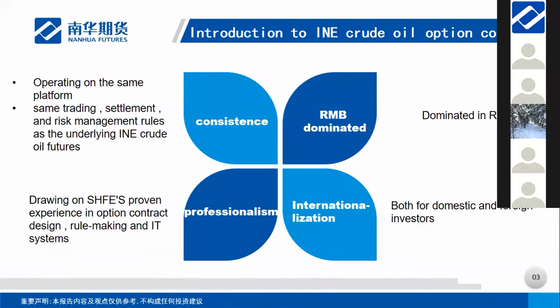INE crude oil futures contract was listed on March 26, 2018, as we know, about 3 years ago. And this year, after the pandemic, the crude oil option contract was listed on June 21st.